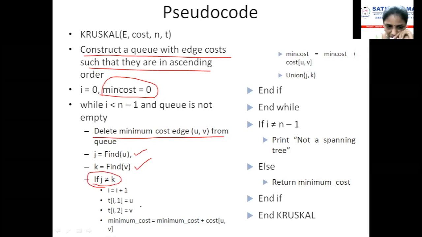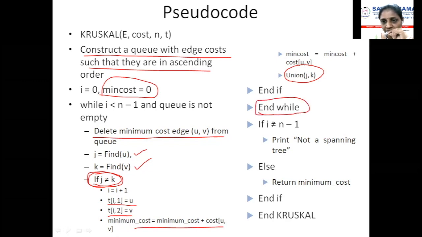If they do, you update the T matrix, add it to the minimum cost path, and perform the union of the sets. You do all these steps only when they don't fall into the same set. If they fall into the same set, you skip the if part and go on to find the next edge. At the end of the while loop, if you have not visited all the nodes, then there is no spanning tree. Else, whatever is the cost of the minimum spanning tree, you print it.